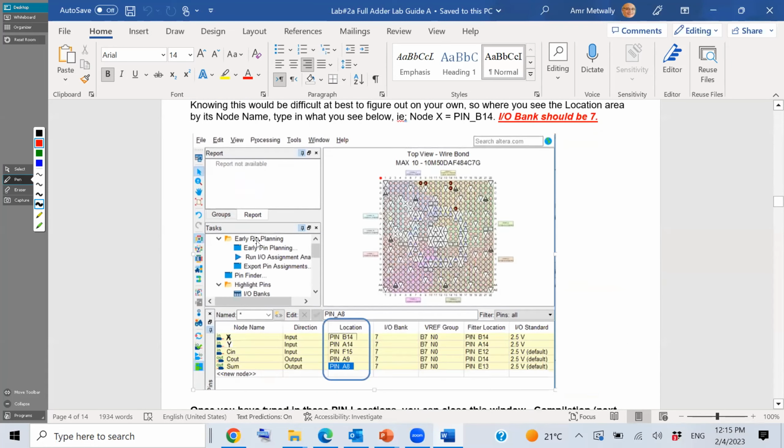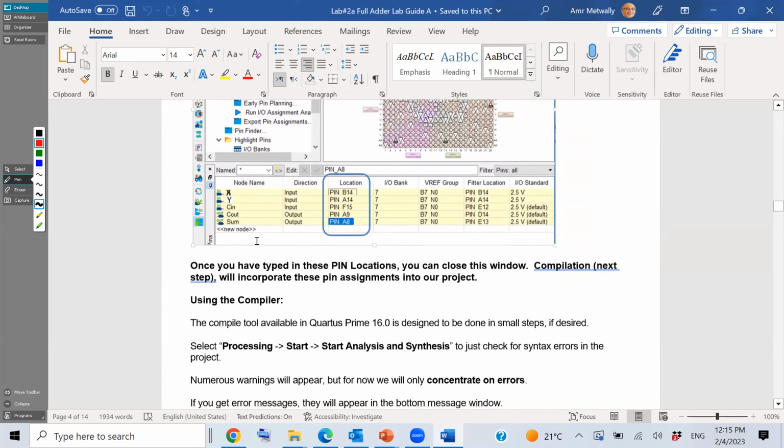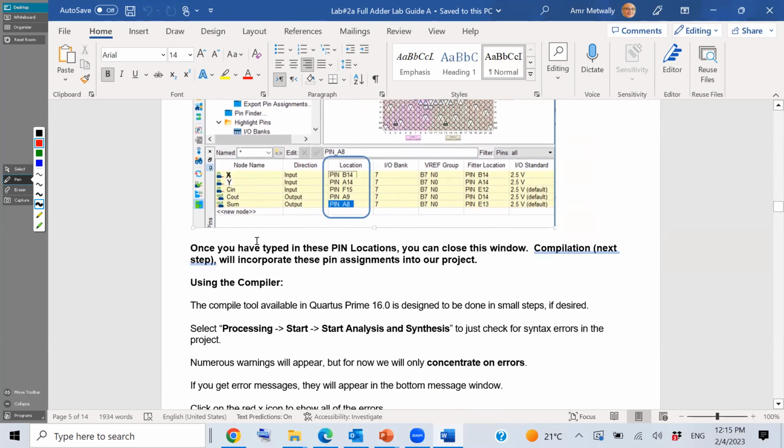And after entering the code, this is how I can assign inputs to the full adder, and I can assign an output. So my inputs will be X, Y, and carry in. My output will be sum and C out.